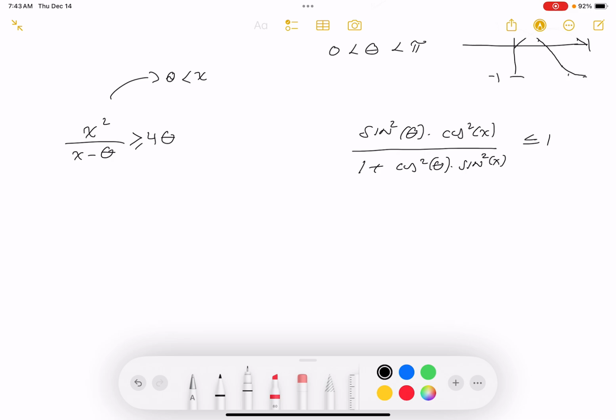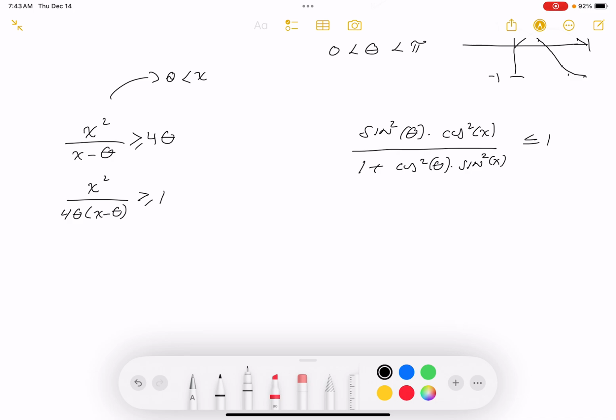And certainly I know 4 theta is a positive number, and the reason I know that is because theta is between 0 and pi. So I'm going to rewrite this as x squared over 4 theta times x minus theta, and this will be greater than or equal to 1.